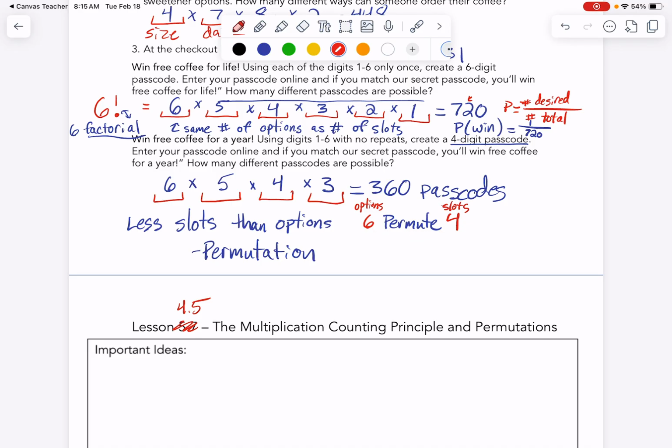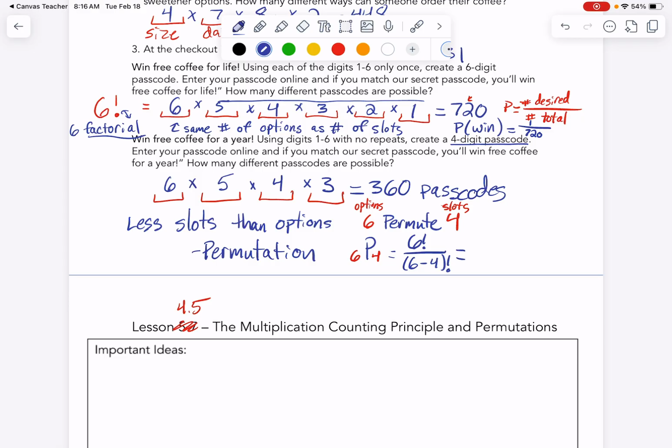The symbolic way to write that is with a big P in the middle. This is still pronounced 6 permute 4. It's just we're not writing out the full word. The fancy technical formula, and I'll show you how to do it in the calculator, you don't have to remember necessarily, is the 6 factorial, the number of options factorial, divided by the number of options minus the number of slots, factorial.